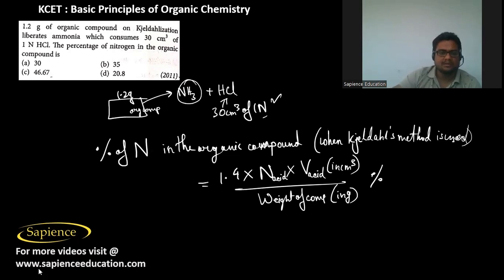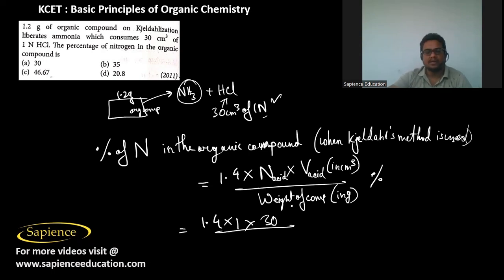So now the normality of the acid which is used is 1 normal, and the volume of the acid is 30 centimeter cube, divided by the weight of the compound, 1.2 gram. So this much percentage of nitrogen is present in that organic compound.